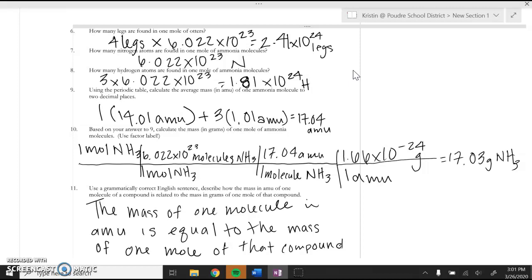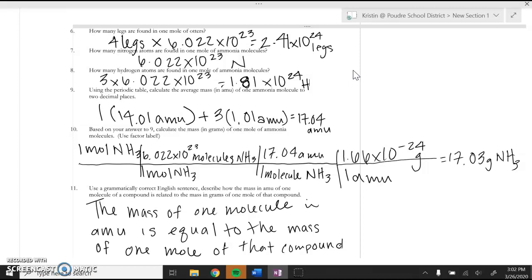Number 7 is going back to the ammonia molecule and asking how many nitrogen atoms we would have in a mole. Since a mole is 6.022 times 10 to the 23rd ammonia molecules, and each ammonia has 1 nitrogen, then we would have Avogadro's number of nitrogen.